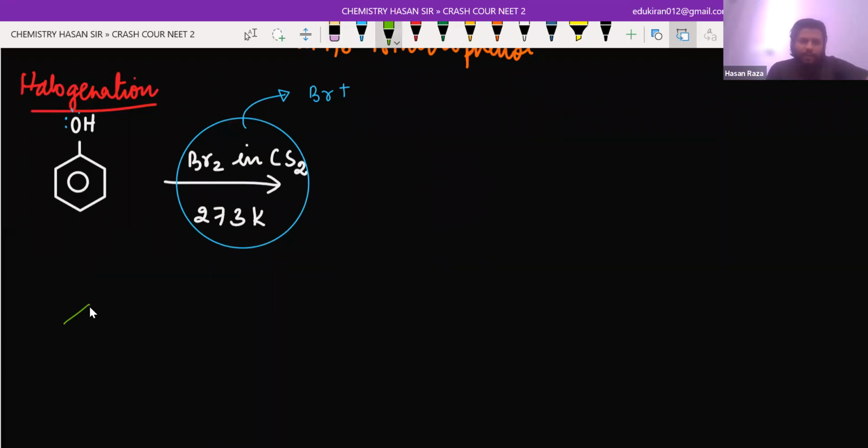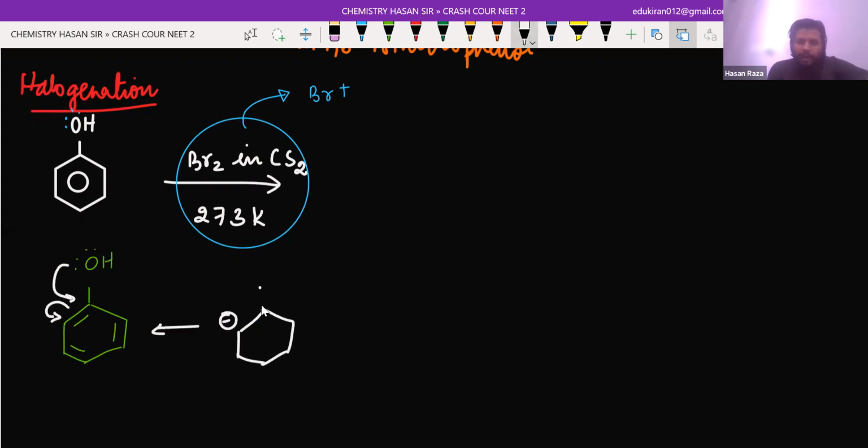Okay, actually, Arpit, will you be able to write the resonating structure of this phenol? Yes, sir. So if you write the resonating structure, this will move to this and this will move to this, and you can see there will be negative charge on ortho with respect to this OH group. Yes or no?